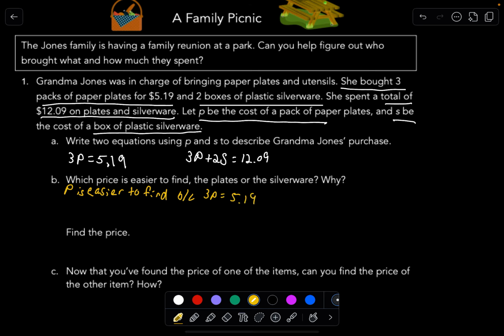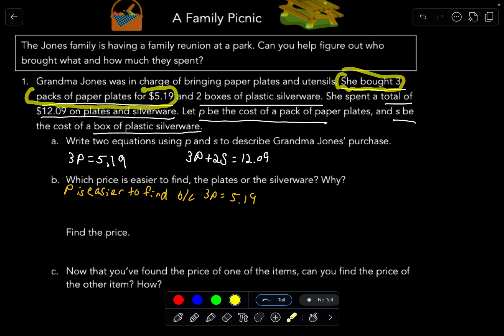Notice it shows up by itself in an equation. And that's the whole point. 3P is by itself equal to $5.19. It comes from this statement here, which came from this statement right there.